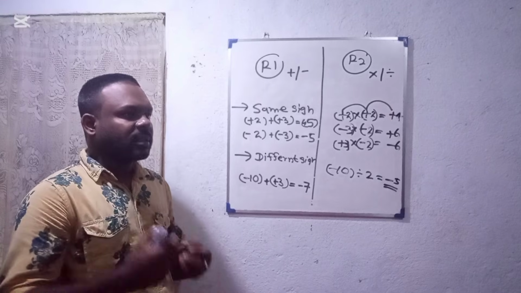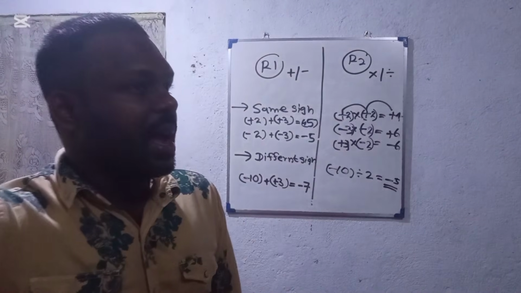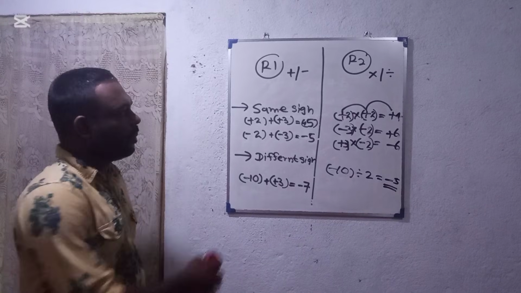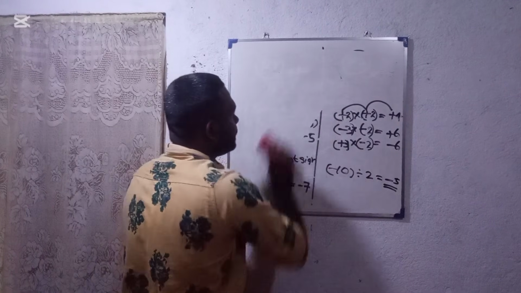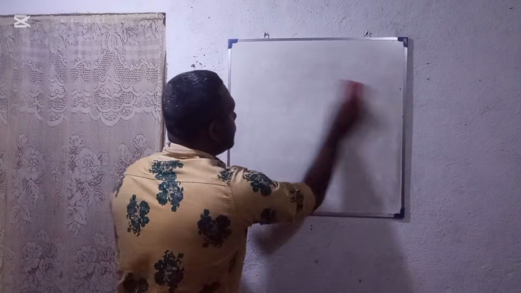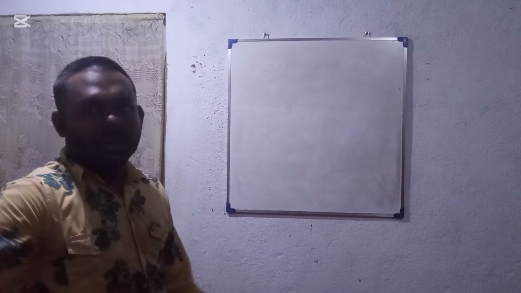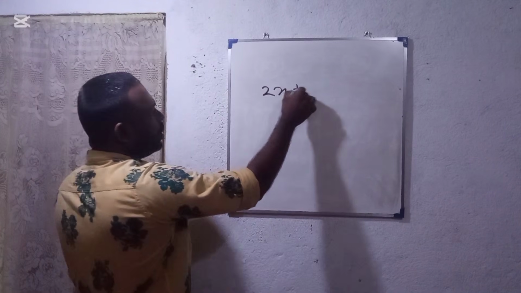We factorize several expressions, no? Just recall. Factorizing is simple: taking common things out.